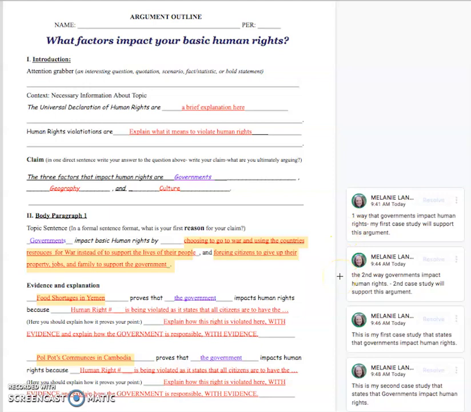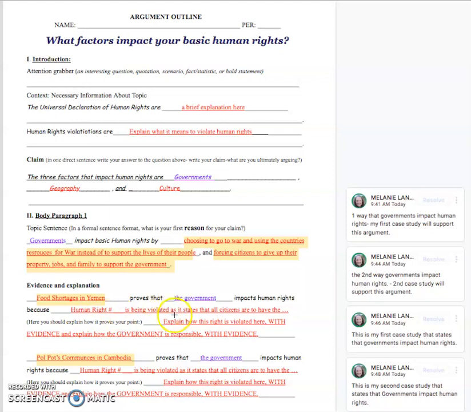You will look below. I will explain both of those more thoroughly and support them with my evidence from my research. So down here, I've chosen to use this first one. Down here, food shortages in Yemen prove that the government impacts human rights because, and this is where I'm going to explain from my evidence which human rights being violated.